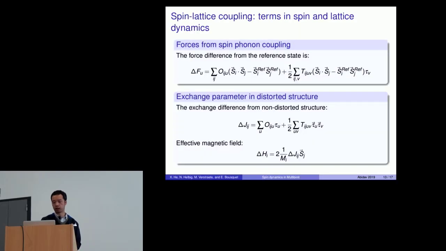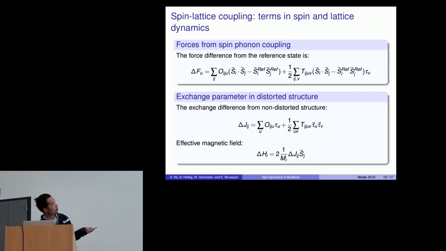From this model, we can calculate the force, the change of the exchange parameter and the effective magnetic field, and then plug them into the equations of motion and calculate the updated displacements and spins.